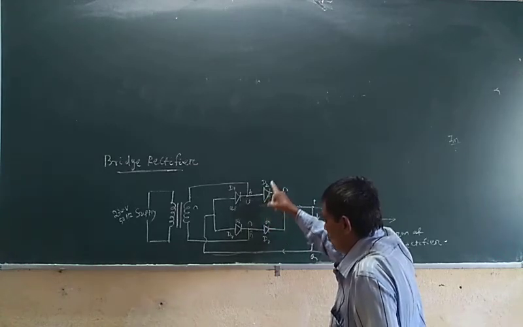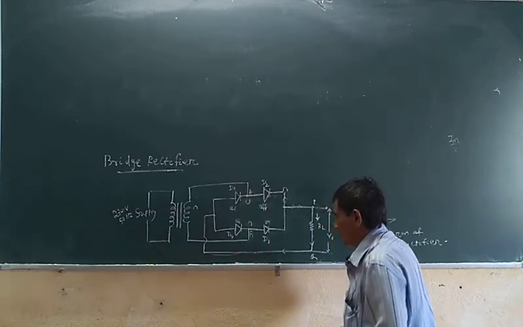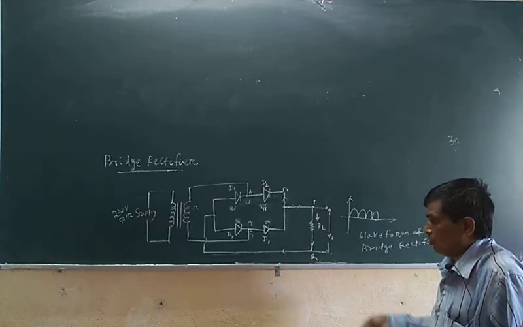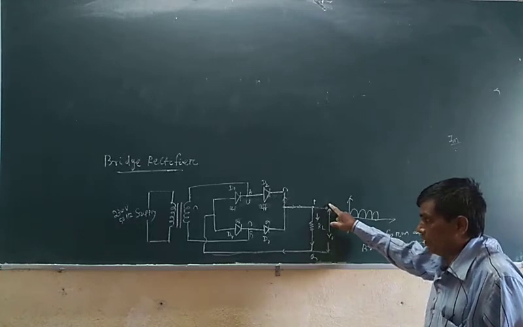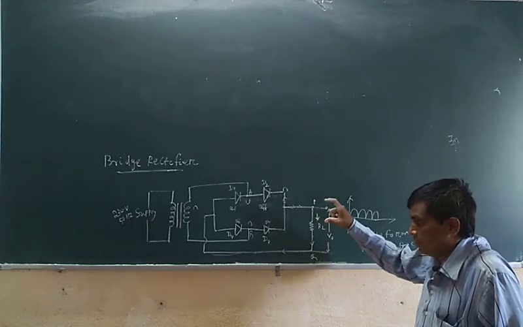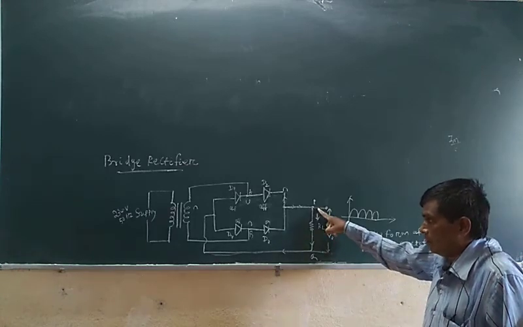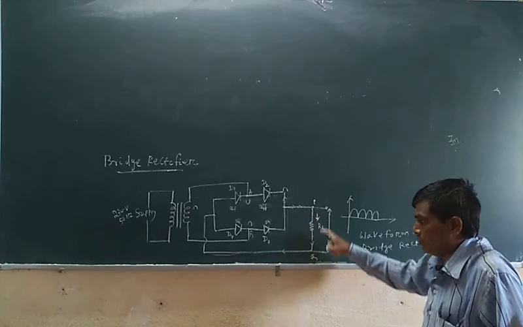So diode D2 is in the off position in the second half cycle. So the rectifier output conducts both half cycles of the input supply through the load resistor in the same direction, P to Q.